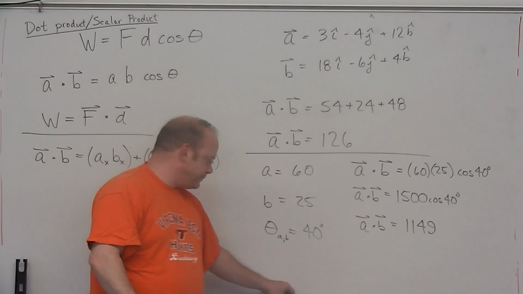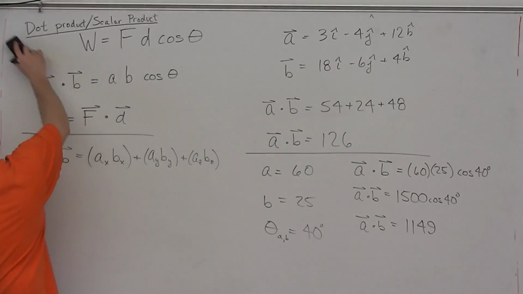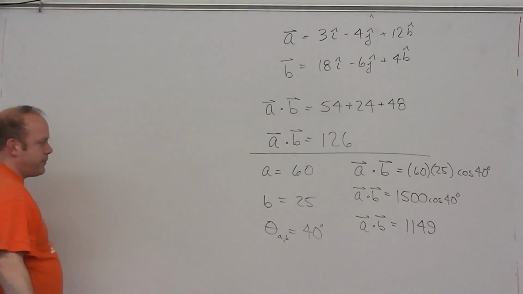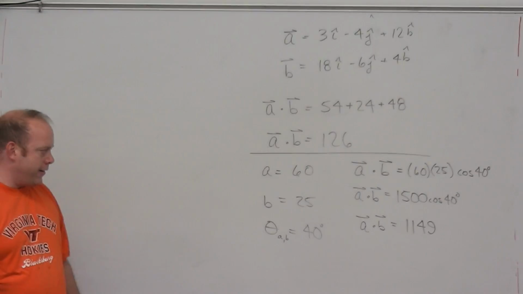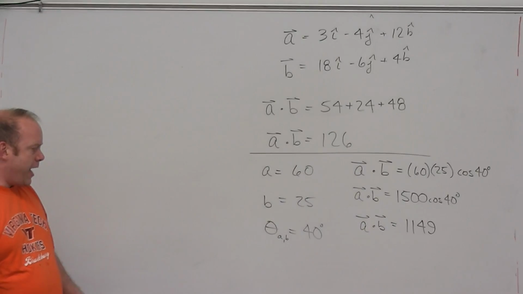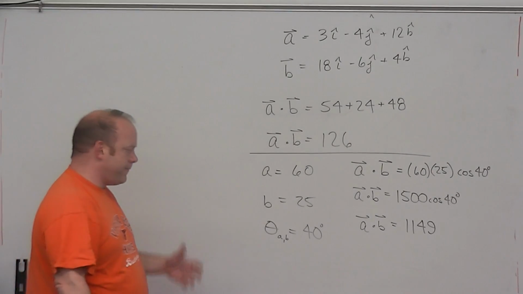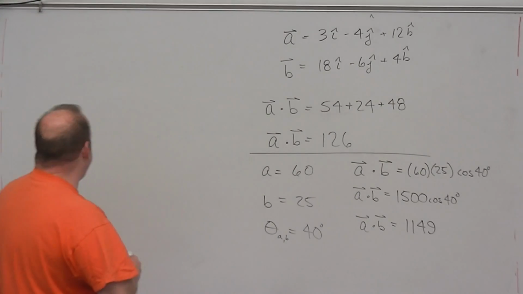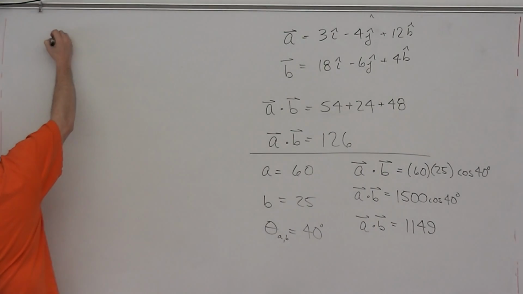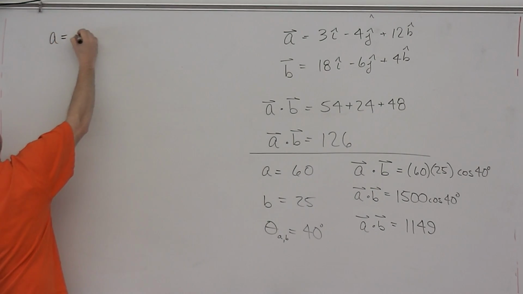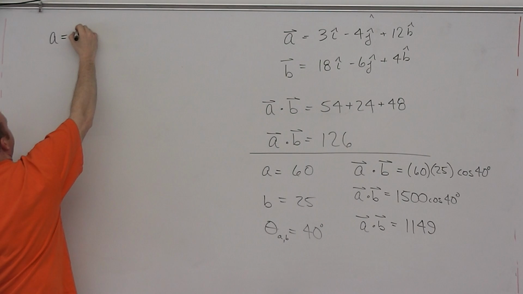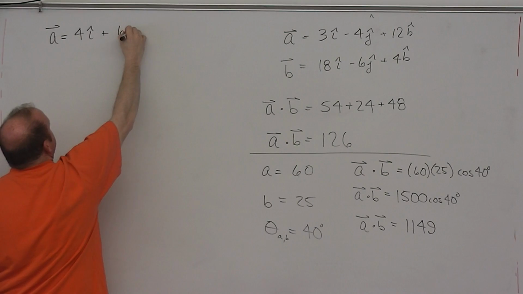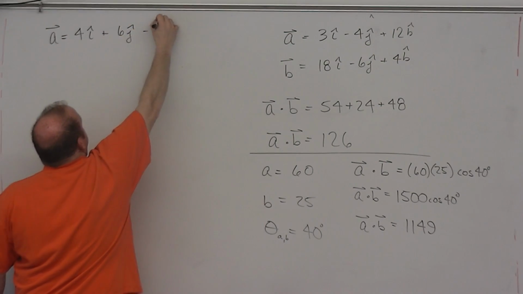Now here's an interesting thing. I said that it can be very hard to figure out the angle between two vectors in magnitude angle formation. It's really hard to visualize what the angle is between two vectors in IJK notation as well. So let's say I have two vectors: A is equal to 4i plus 6j minus k.